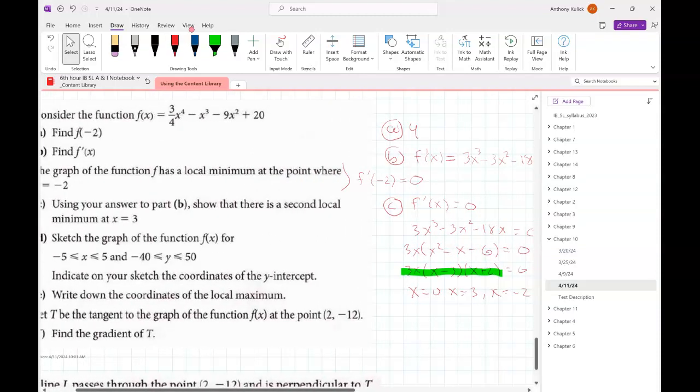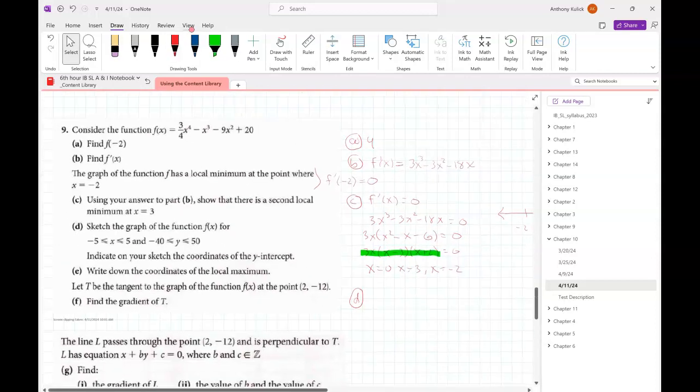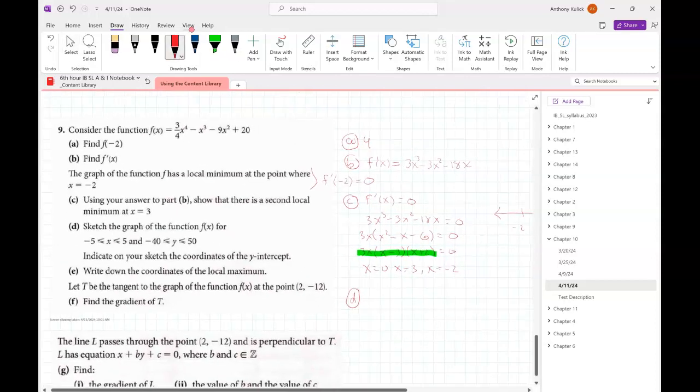Part D says sketch the graph for the function on the interval, or for x is this and y is that. Indicate on your sketch the coordinates of the y-intercept. Okay.